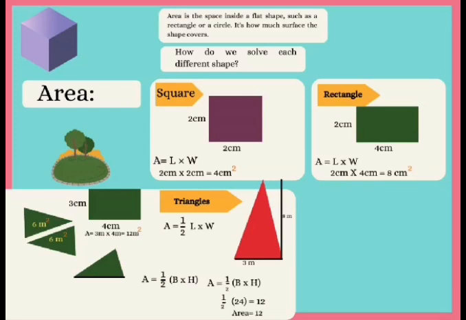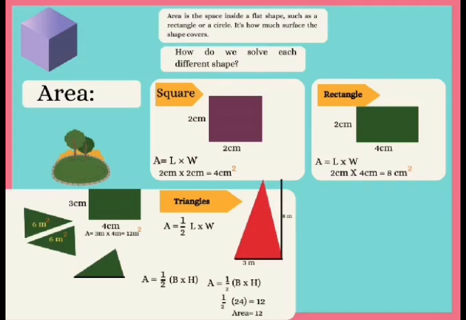So let's proceed to the triangles. Now if you wonder why it is A equals 1/2 length times width, I'll further explain that with this green rectangle in the left corner, whose area is already found and fixed at 12 meters squared.